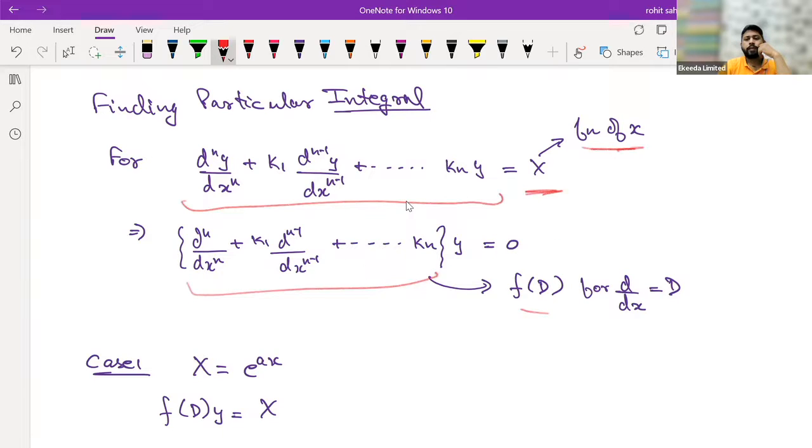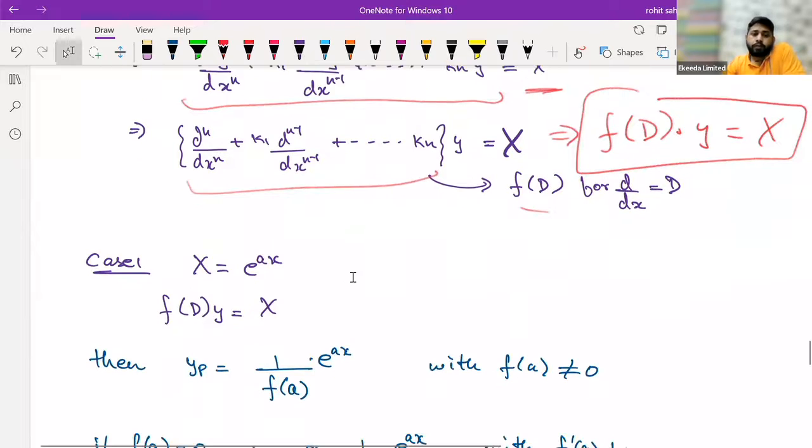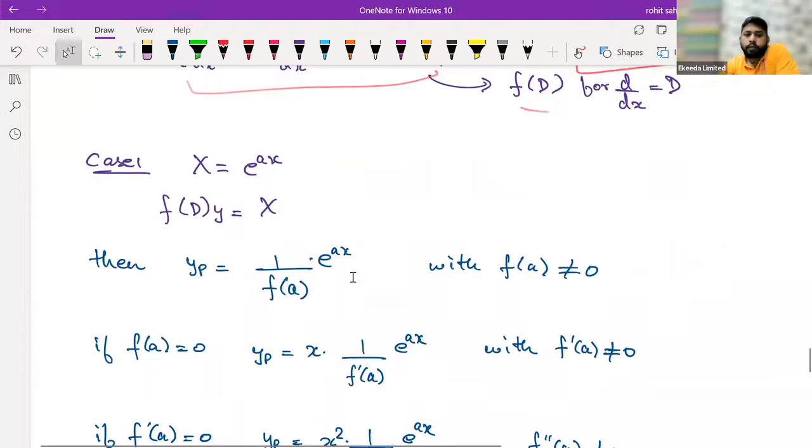So this becomes f of d times of y equal to x, for the non-homogeneous part. And if you are writing it here, remove the 0 and write x here too. Fine. Okay. Now with this, there are some cases which we will follow and see how to do that.